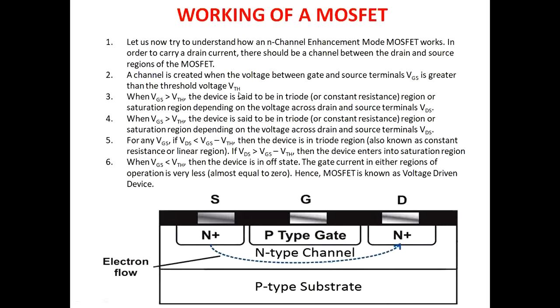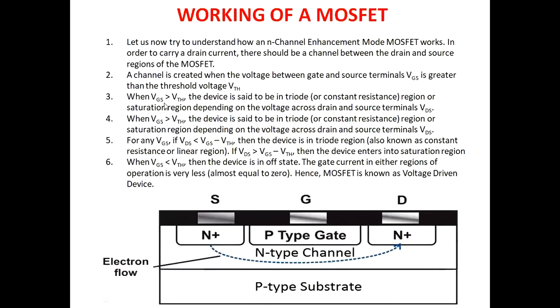So minimum depletion, that is, n-type material will get deposited between the two end terminals, and a small channel will get created. That voltage level is called the VTH voltage.